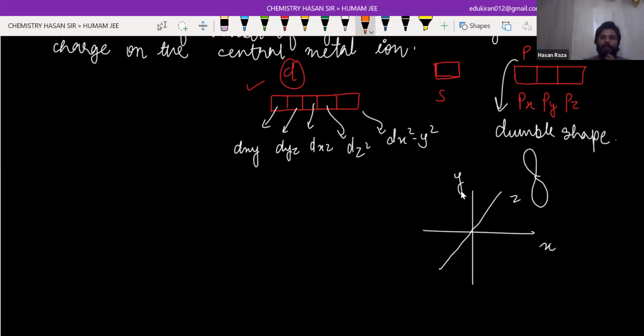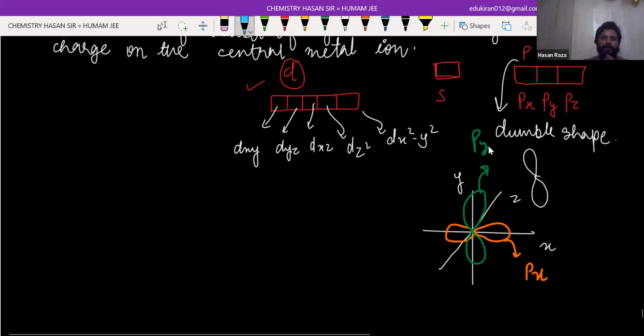The px will be on the x-axis, this will be your py, and this will be your pz. Are you getting my point?